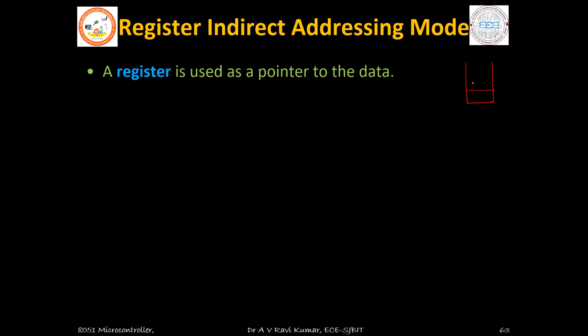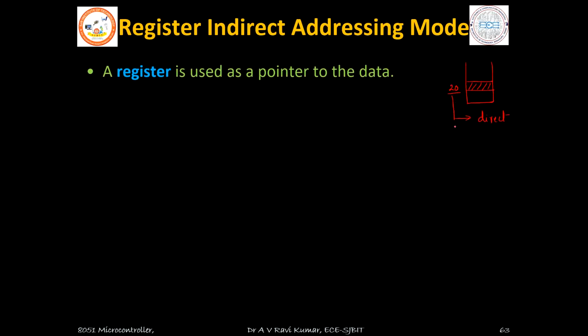See, this is the value. Let's say the data I can access through indirect means has an address, let's say the address is 20H. If I want to access this data directly, I can access 20. This is direct.